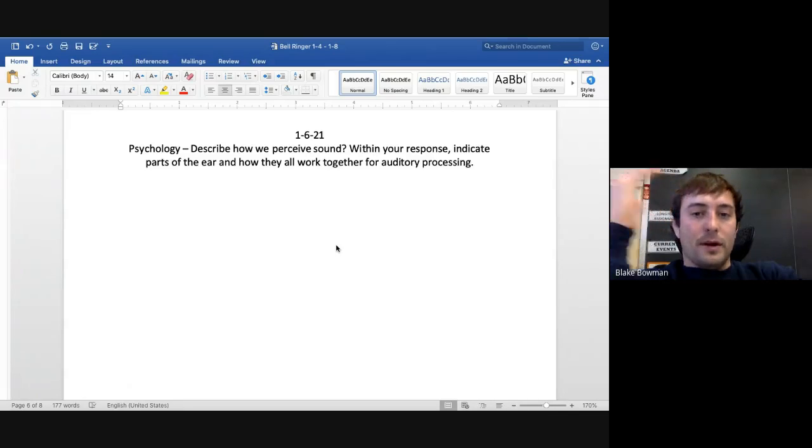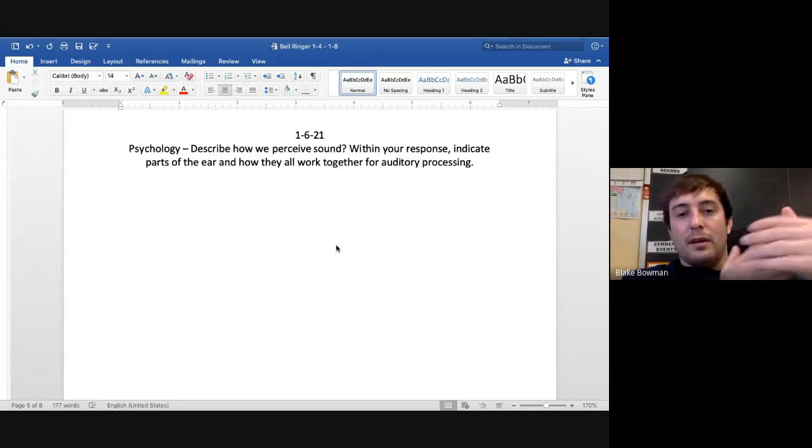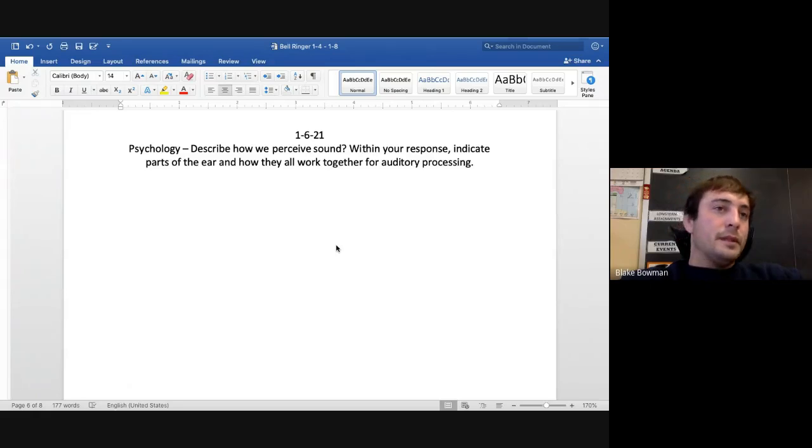The fluid in the cochlea is going to interact with the basilar membrane, and that membrane is going to interact with the hair fibers inside of it, and those hair fibers are going to send a message, a neural impulse, to the auditory nerve. That auditory nerve is going to send information to our temporal lobe where we can perceive sound. And that's how the anatomy of the ear works together for us to perceive sound.